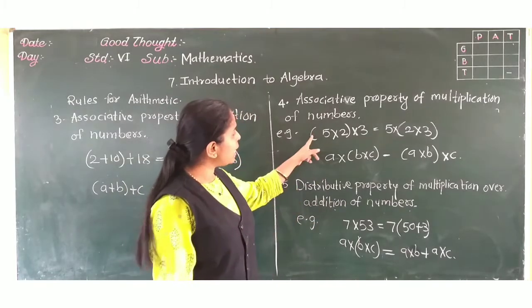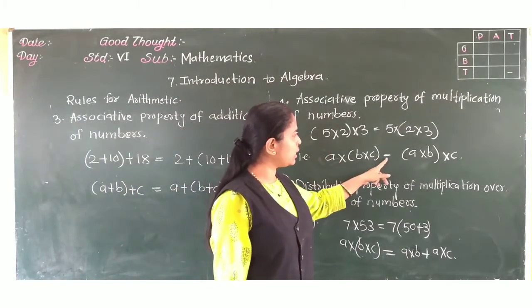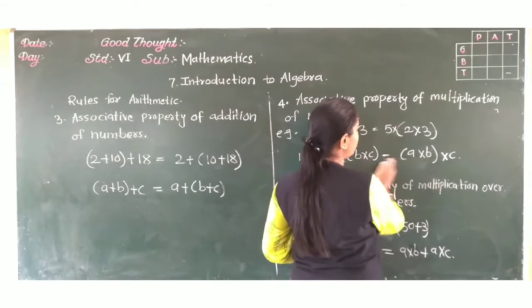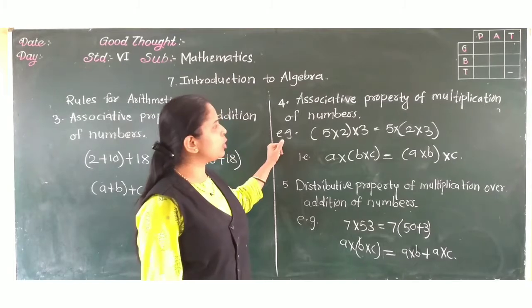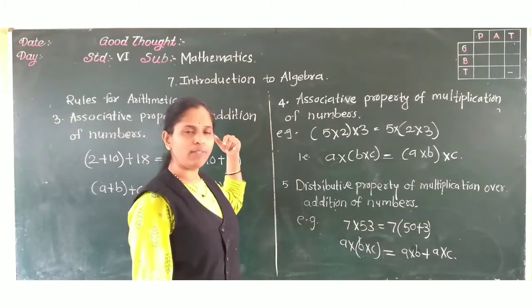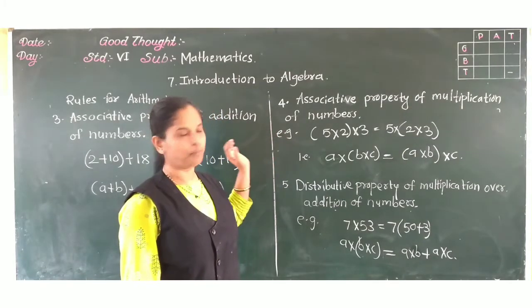That is A into B into C is equal to A into B bracket into C. This is the associative property of multiplication. Already we have learnt it in lesson number 3.